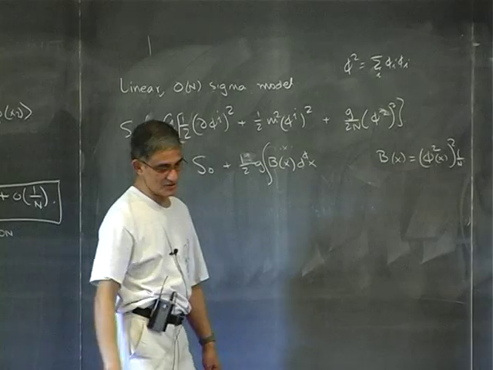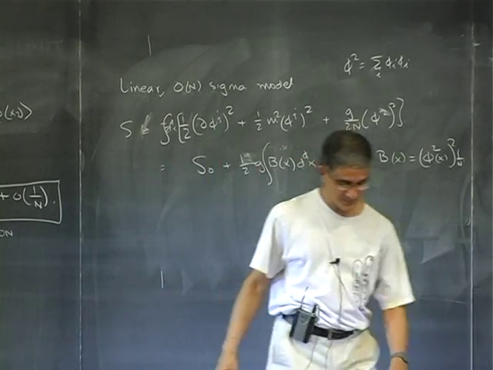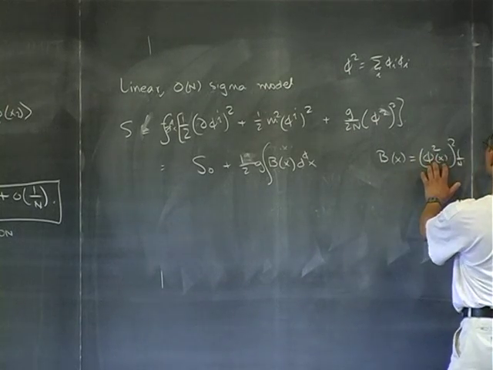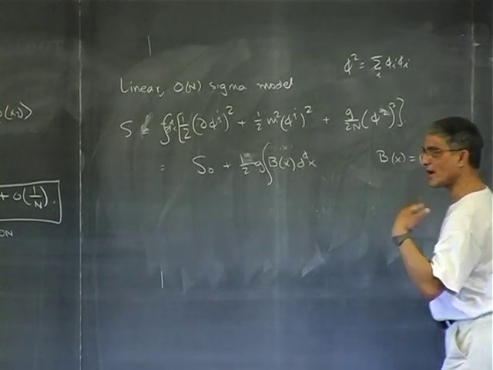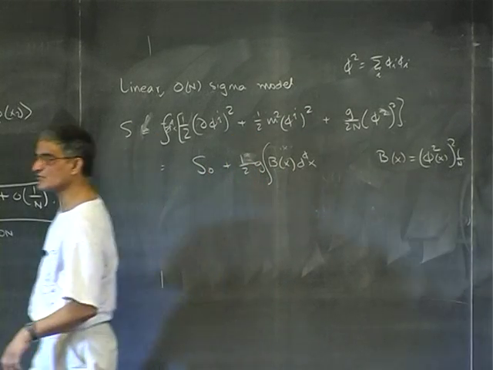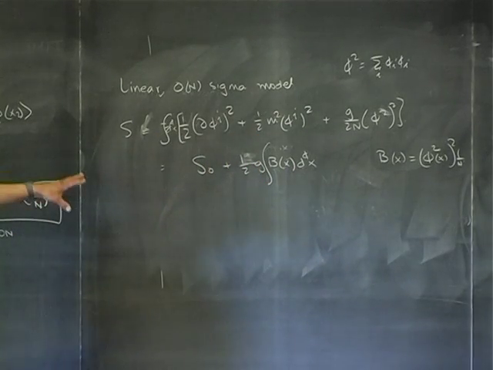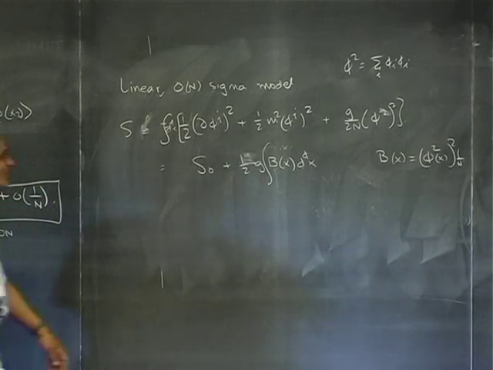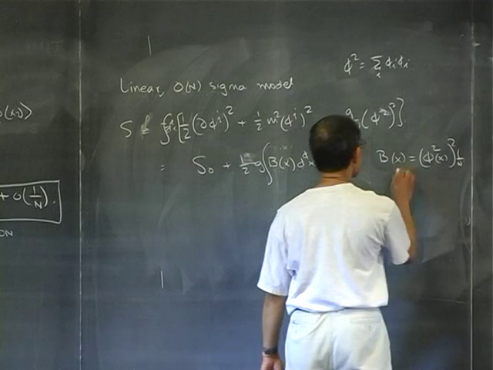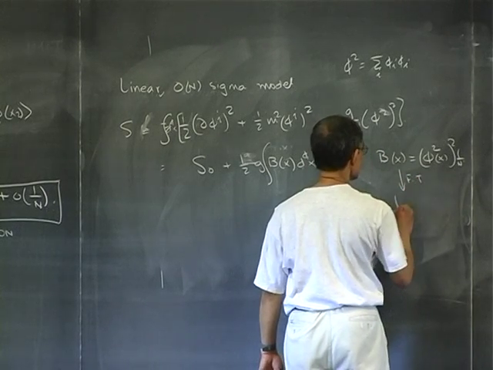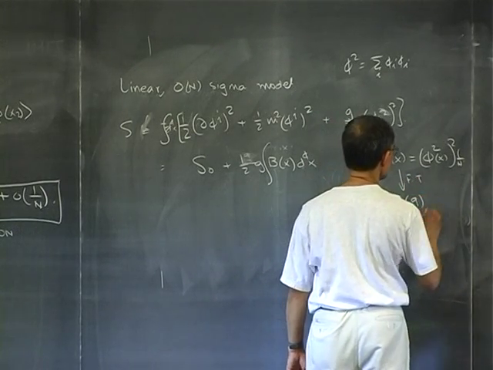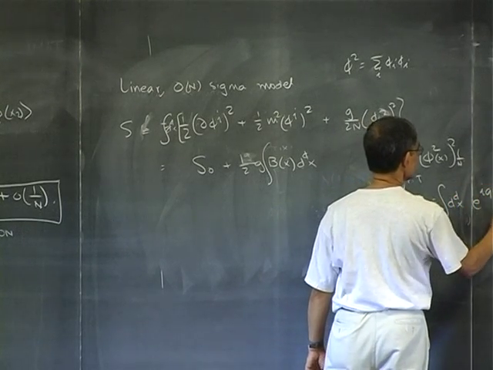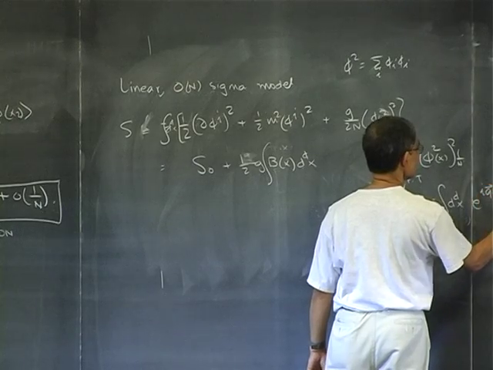I have just stuck on 1 upon n there. Now this is the product of phi's. So if I were to do a Fourier transform, this will be of course a complicated mess, and we actually saw that there are these 4 momenta and all kinds of things. But I'll still write the Fourier transform of this thing as, say, b of q. So that is just defined as integral d dx e to the i q dot x b of x.